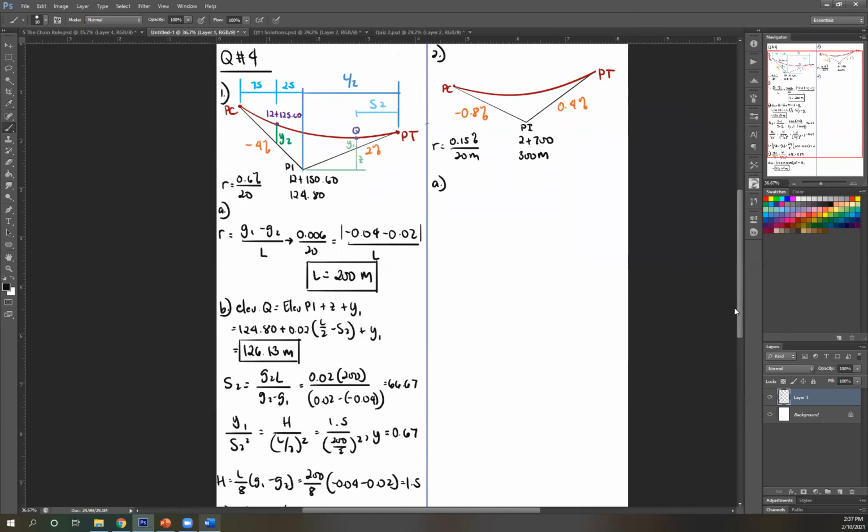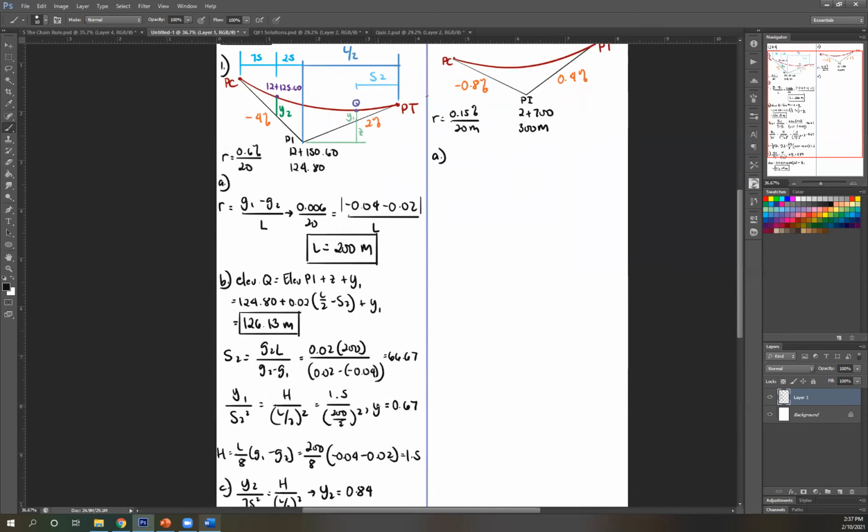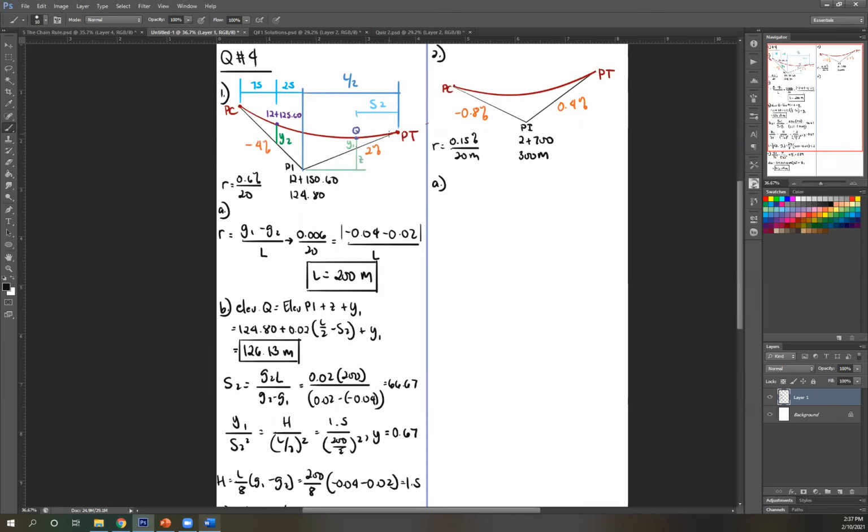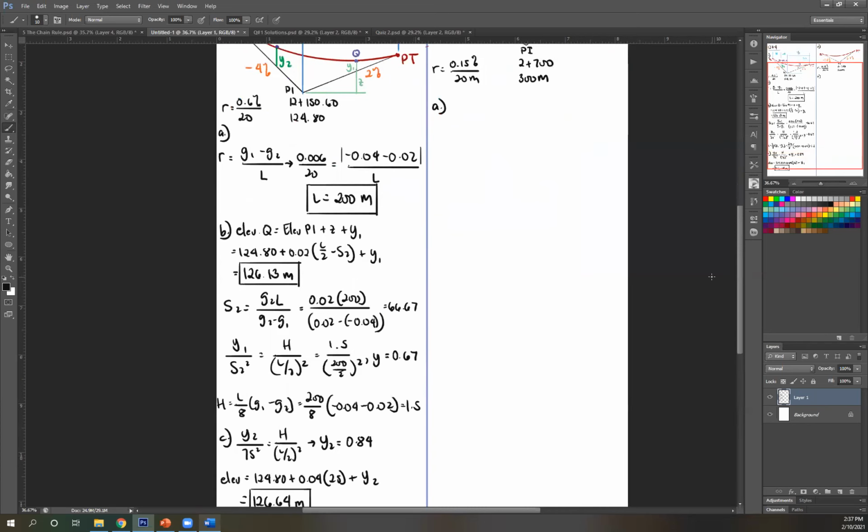I got S2. Next part is solving for Y1, again using the offset method. So Y1 over horizontal distance. The horizontal distance from PT is your S2. So Y1 over S2 squared, that was on the right side, equals H over L over 2 squared.